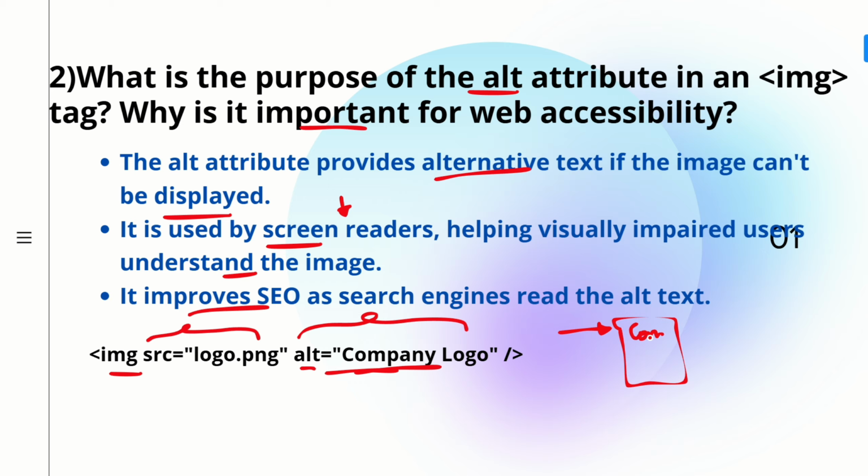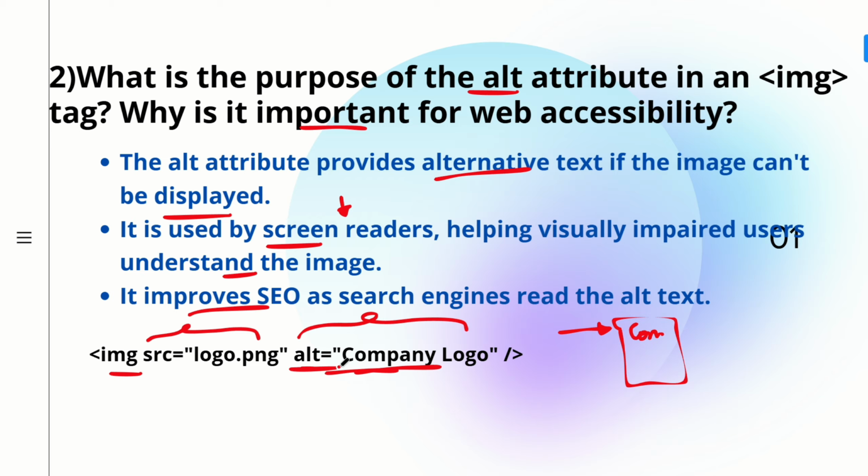Because of that, if there is no alternate text, then search engines might think that there is no related content. For example, if your website is a shopping website and you don't have any alt tag, then web crawlers might not even know that your website is an e-commerce website, right?